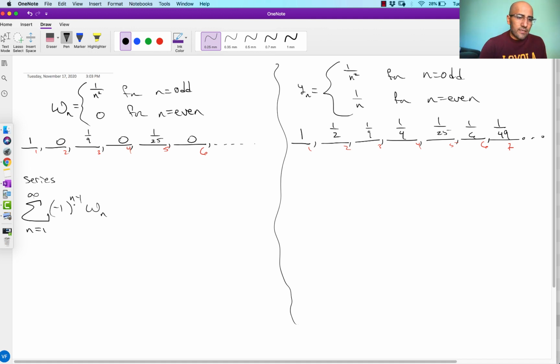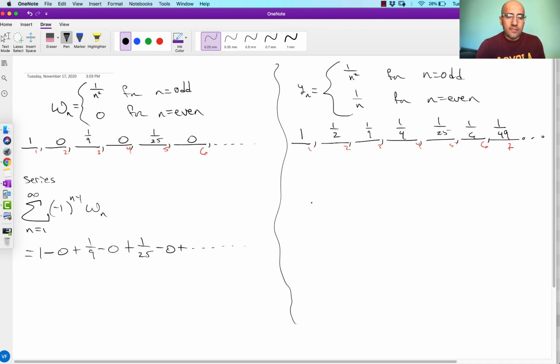The way I've written it here, when n equals 1, we get 1 minus 1, which is 0, and anything to the 0 power is 1, so the first one is positive. When n is 2, 2 minus 1 is 1, and -1 to the power of 1 is negative. So this is going to be 1 minus 0 plus 1/9 minus 0 plus 1/25 minus 0 plus ... forever, right? That's what we're interested in.